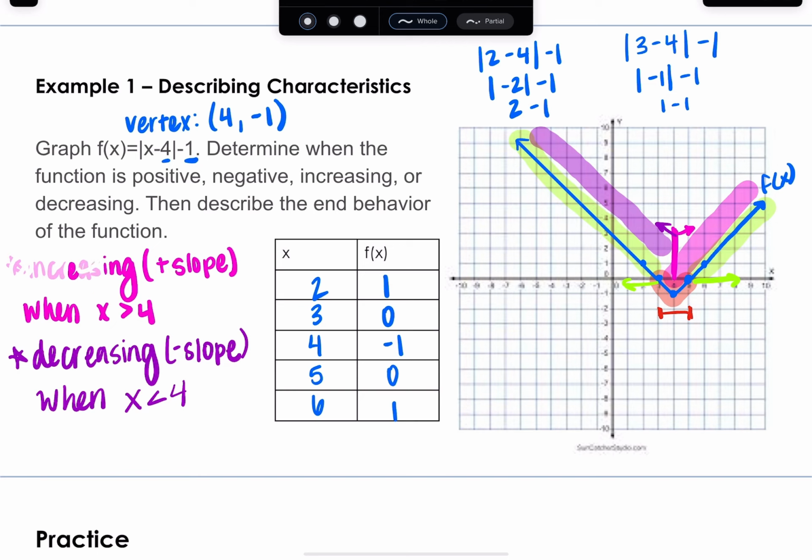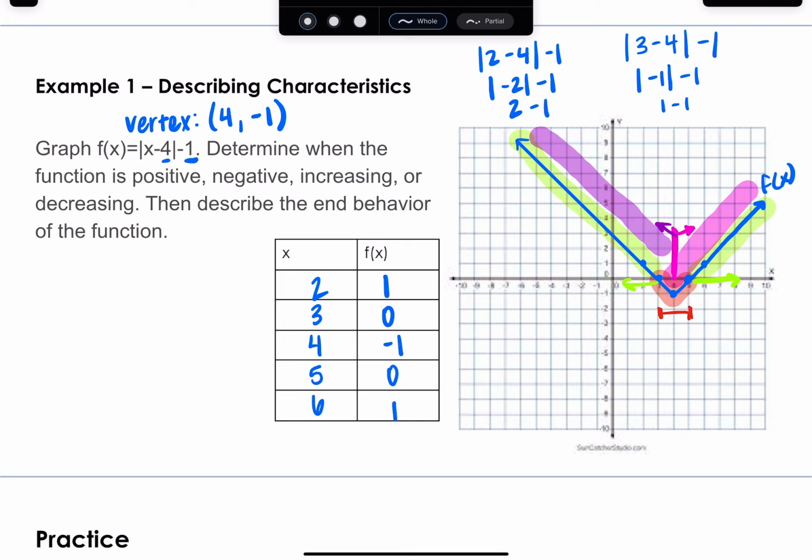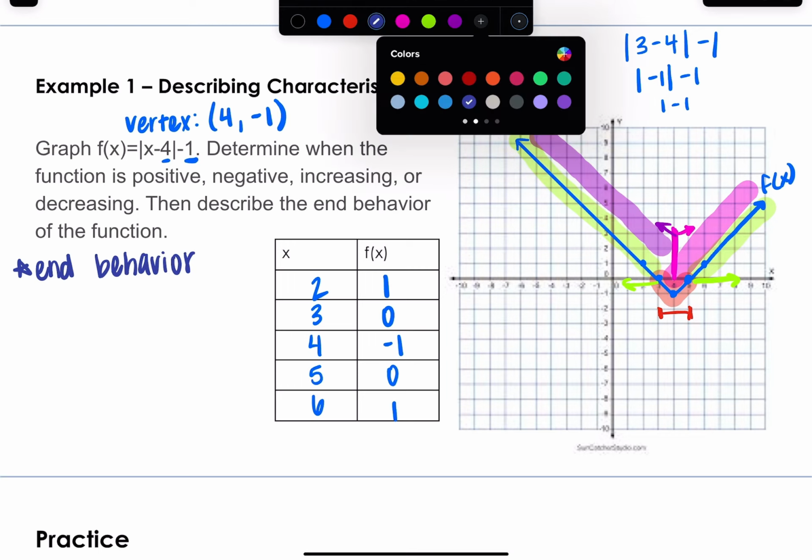Okay. Now the last characteristic that we need to know about absolute value functions is the end behavior. So when we talk about end behavior, we're talking about the two tails of the function.